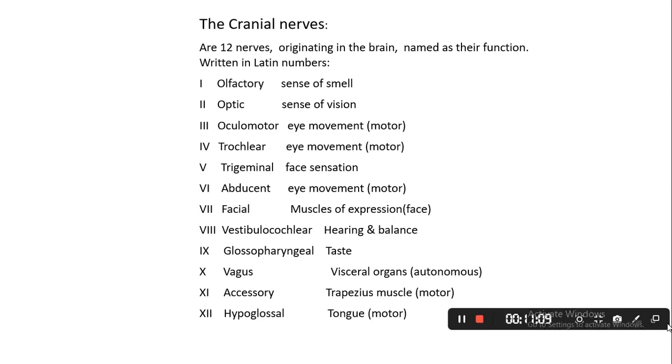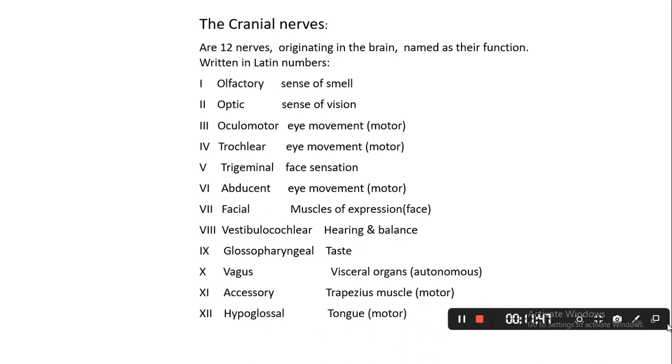It goes to all the viscera in the abdomen, heart, lungs, GI tract, and other visceral organs. It is mostly autonomous, an involuntary nerve. We will come to that.